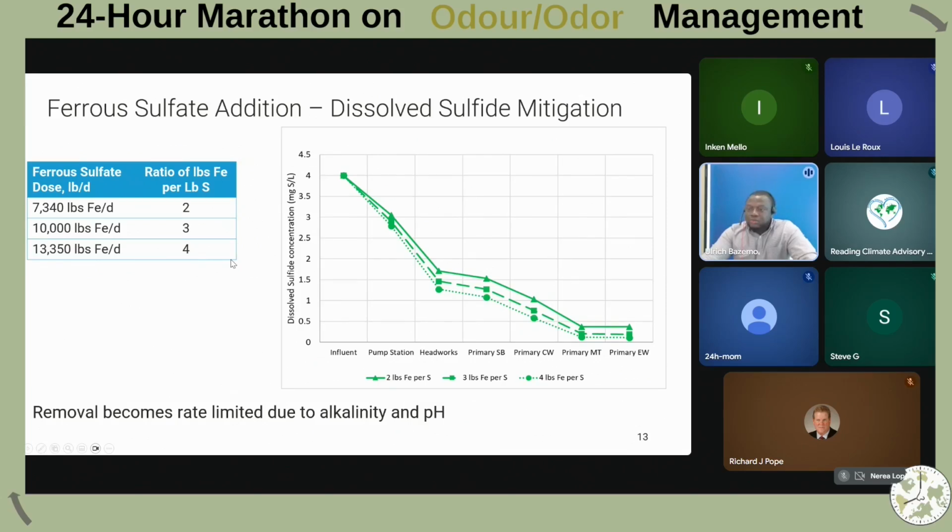But something important to note here is that the ferrous sulfide precipitation actually releases hydrogen ions into the wastewater, so you are basically consuming alkalinity with the ferrous sulfate addition into the system.